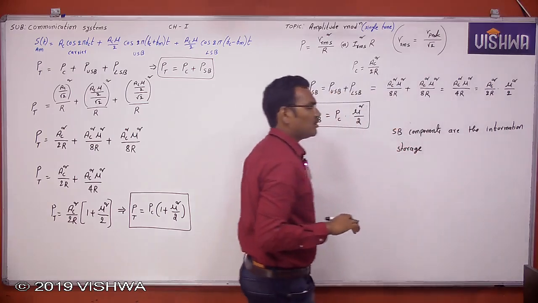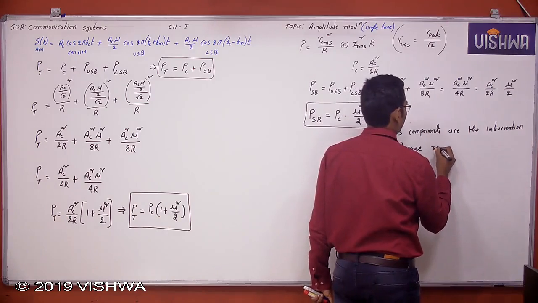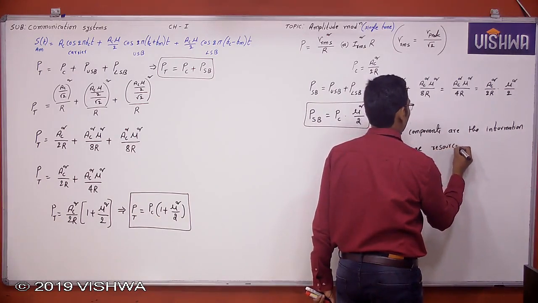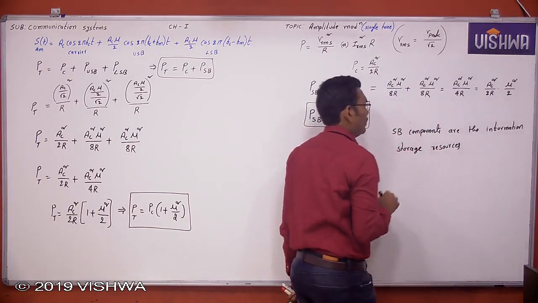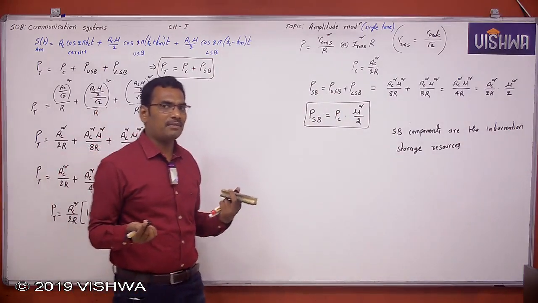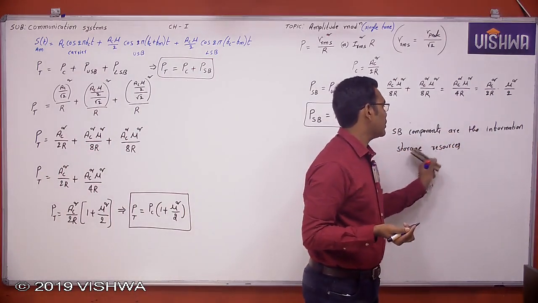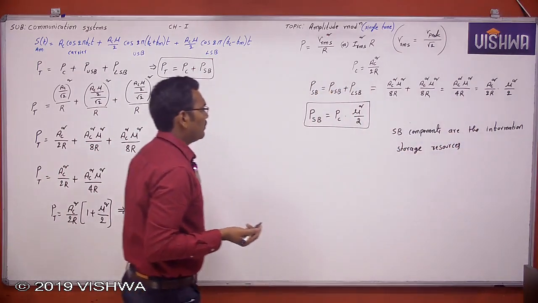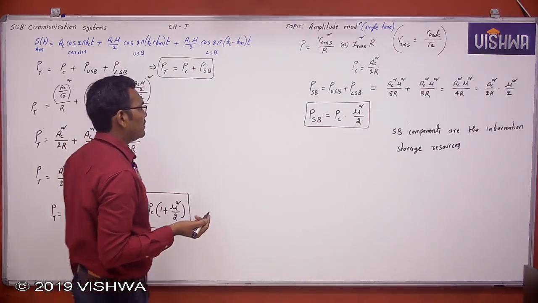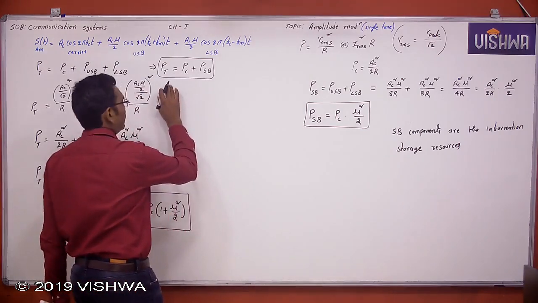Sidebands are the information storage resource. Before modulation, the message signal amplitude and carrier signal amplitudes are available, but after modulation, the sideband components are the information storage resources. Now, this is the sideband power, this is the total power.